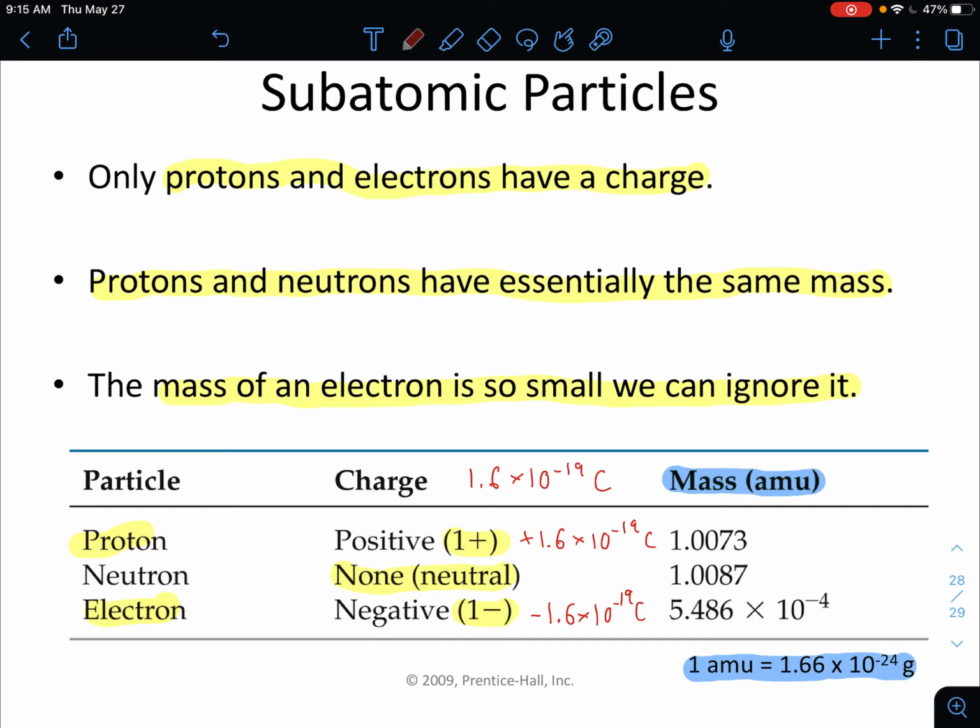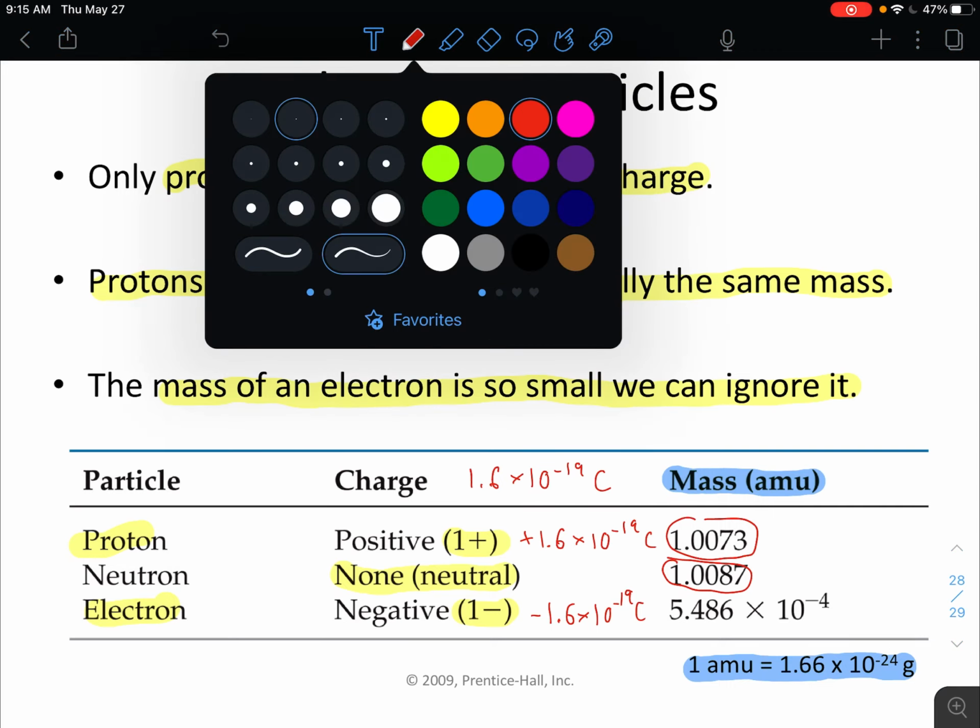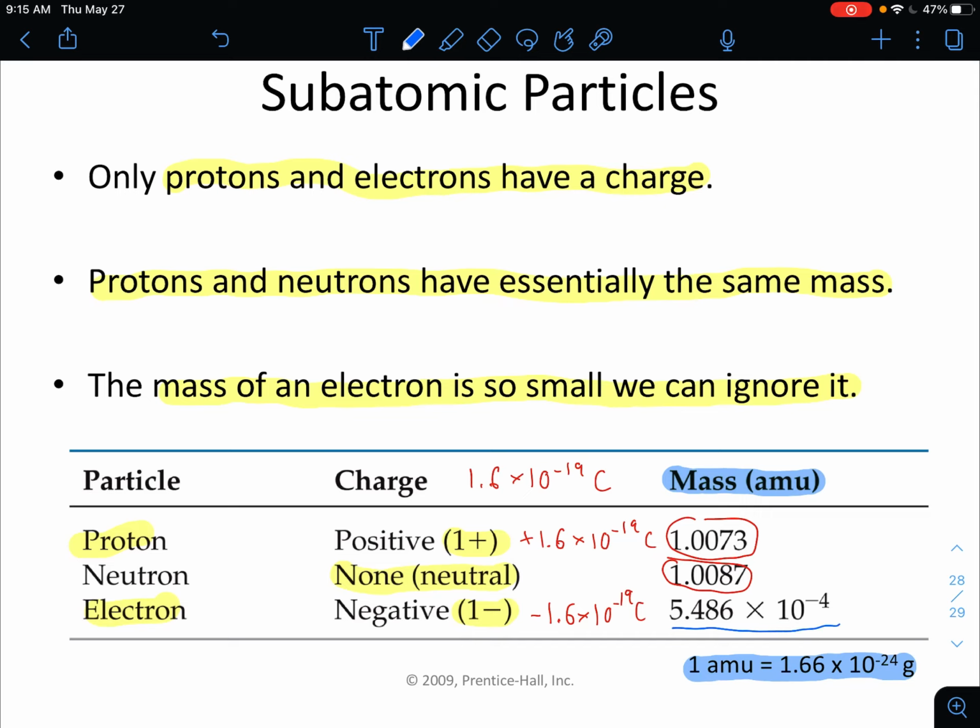In atomic mass units, here's our value for the proton, here's our value for the neutron, very close together, so essentially one atomic mass unit. But the electron is substantially smaller. That's consistent with Thomson's observation that whatever he was seeing had a much lower mass than anything we had ever seen before, because it's around 2,000 times lower than the mass of the proton and the neutron.